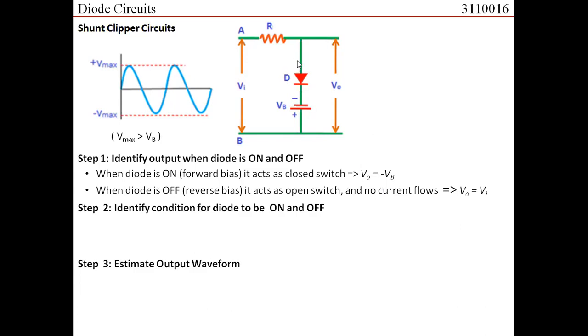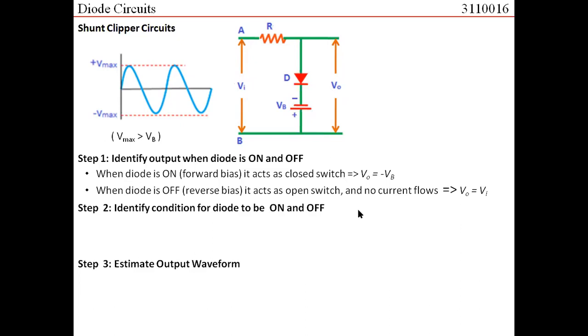Similarly, when the diode is off, no current passes, so there is no voltage drop across R. So the same input voltage would be available between these two terminals, and these are the terminals between which output voltage is measured. So when the diode is off, the output voltage would be the same as the input voltage, and when the diode is on, the output voltage would be restricted to minus VB.